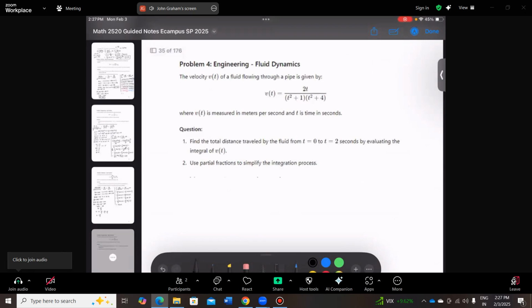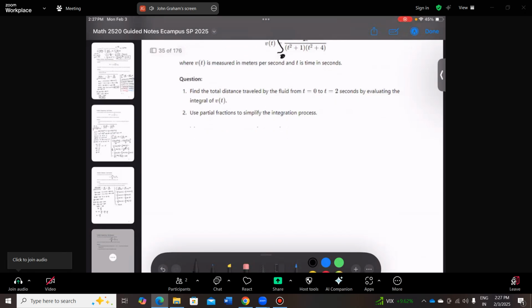Last one, we'll do a fluids dynamics problem. Here we have the velocity of a fluid through a pipe being equal to 2t over t squared plus 1 times t squared plus 4. I'm going to be doing this for 0 to 2 seconds. And we're going to use partial fractions, of course.